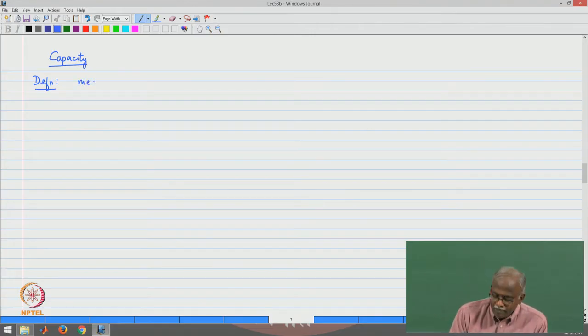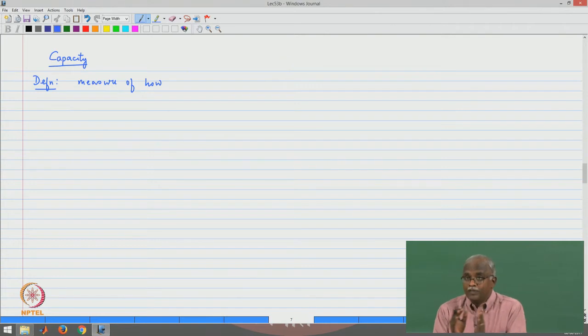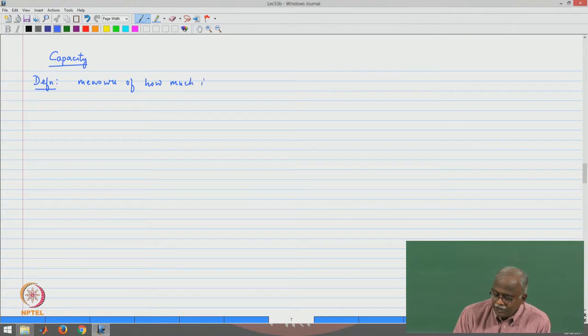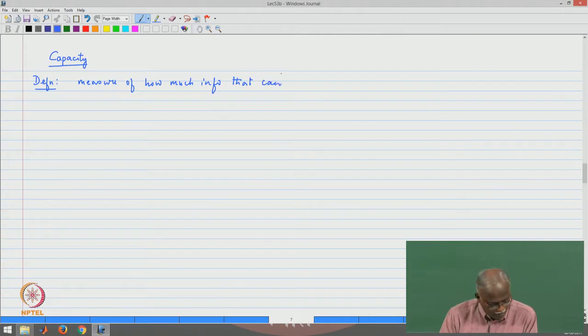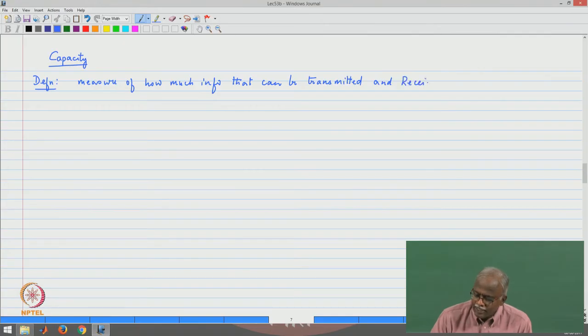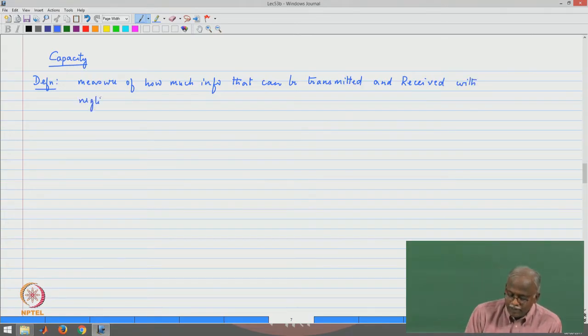So it is a measure of how much information can be sent from the transmitter to the receiver with negligible probability of error.